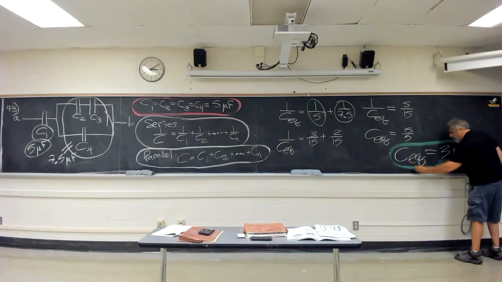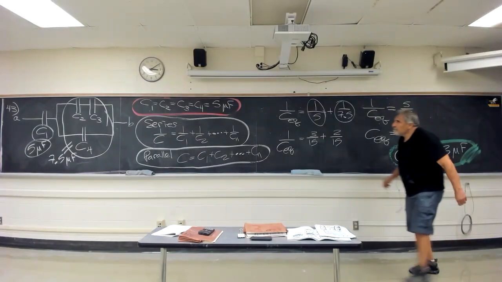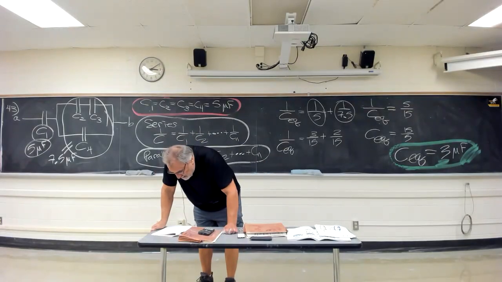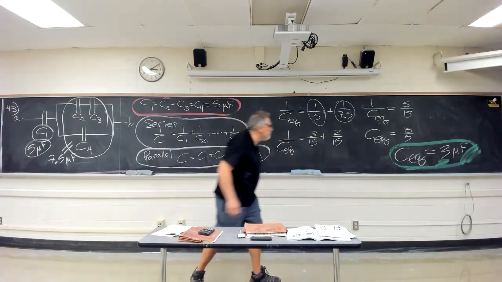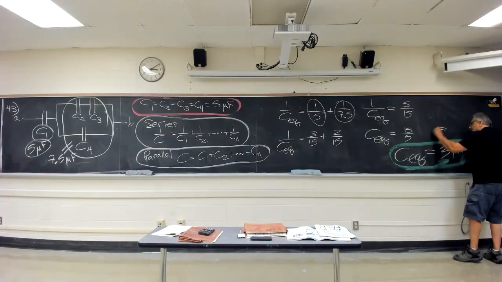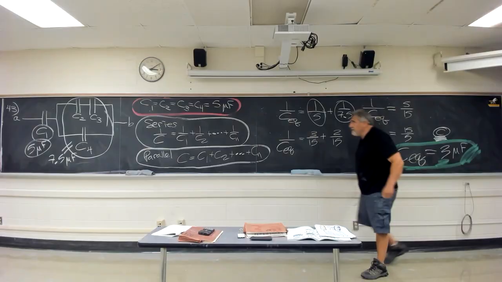Watch what numbers you're putting in there. So that's the 43 we're talking about, guys. The answer is C, 3 microfarads. I'm not sure what I was thinking. I just simply took the 2.5.